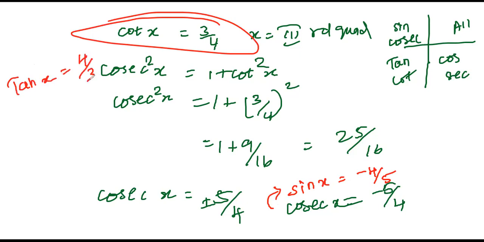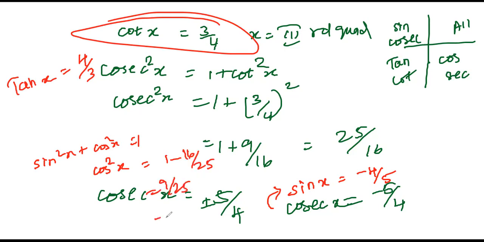And how will you derive the answer for cos? Using tan x is equal to sin x by cos x, you can use this. Or you can use the identity sin squared x plus cos square x is equal to 1. So it's going to be cos square x is equal to 1 minus sin square x, which means you will have it like this.